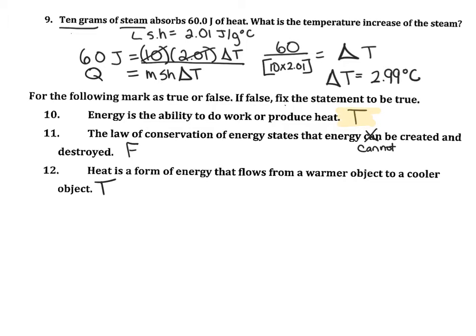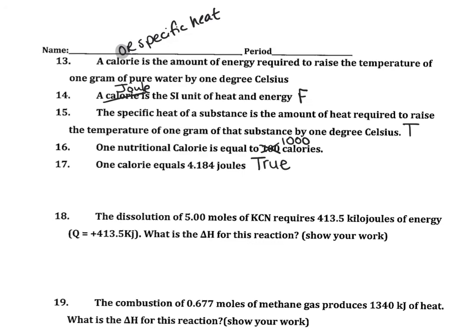You can check your answers for the 3 true false. 10 should be true, 11 is false, it cannot be created or destroyed, and 12 is true. For 13 through 17, the ones that I would want you to make sure to know would be number 14. Joule is the unit of heat and energy.